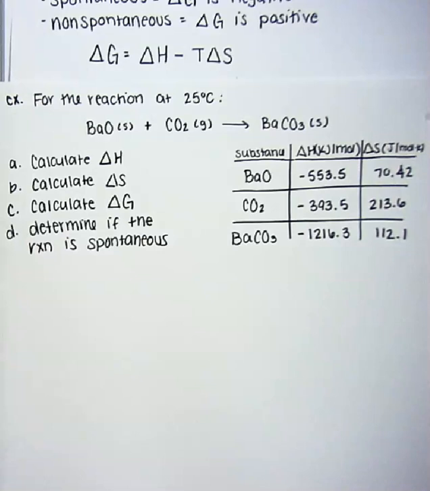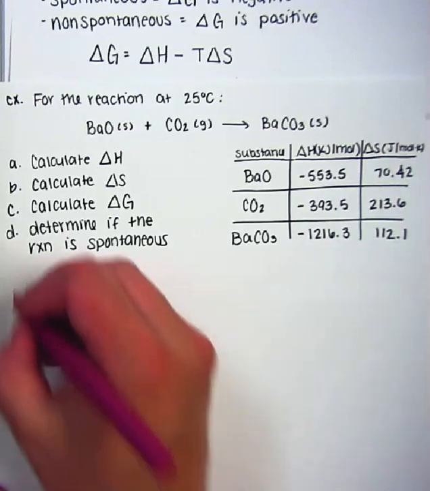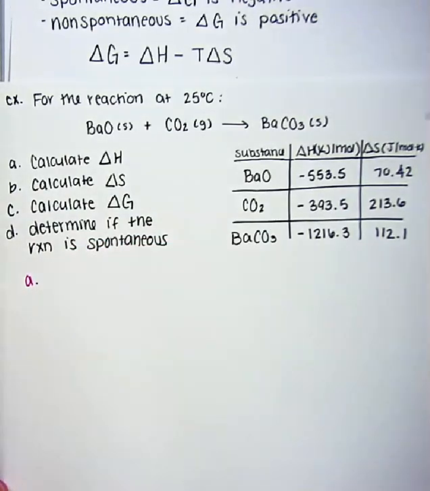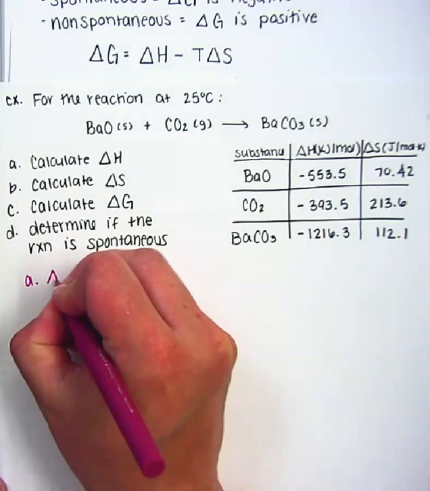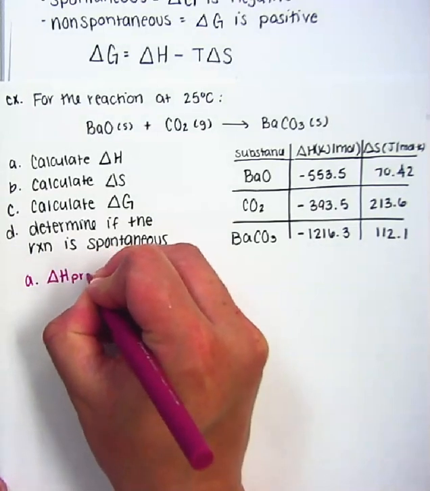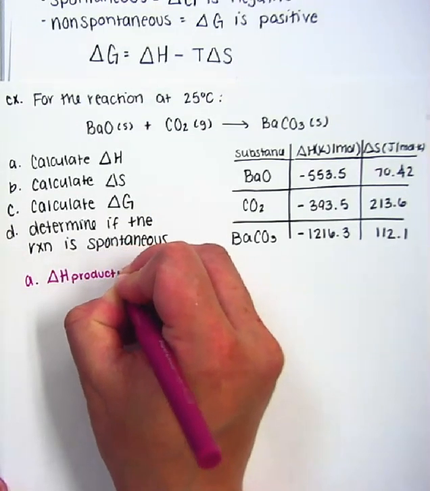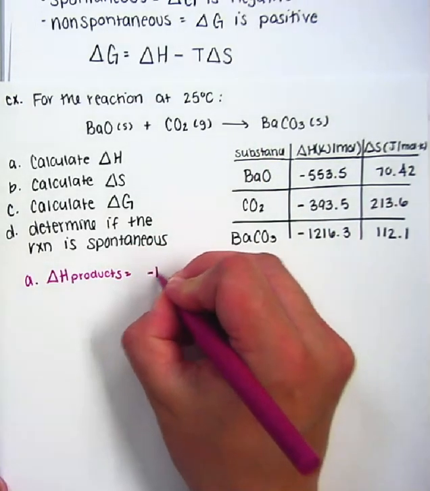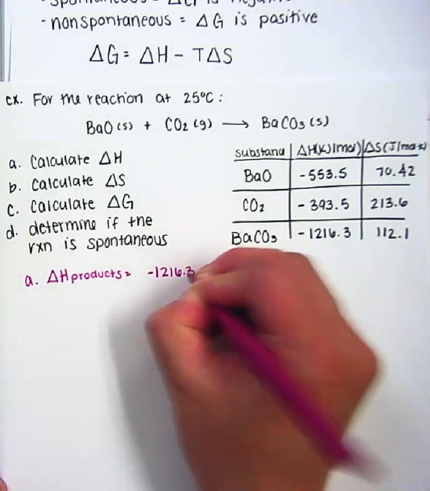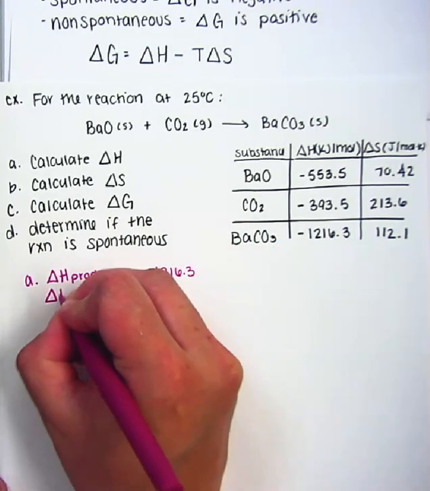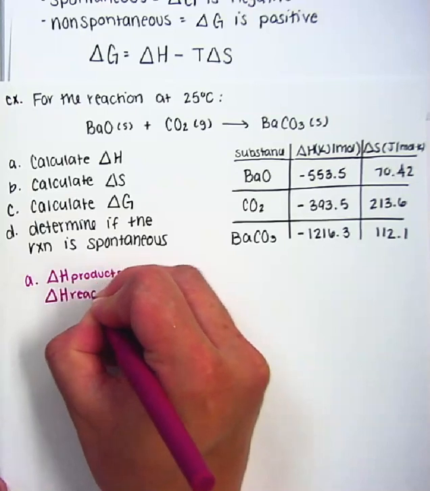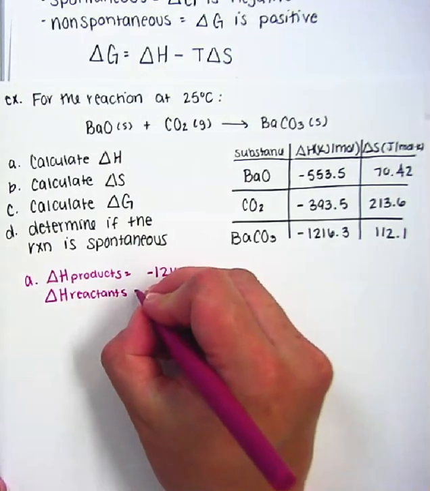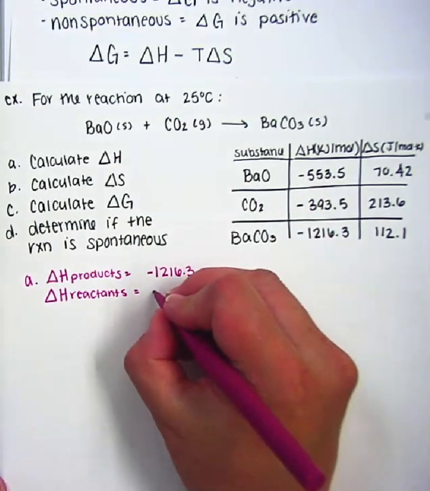All right, you should be able to do A and B by yourself. So A, go ahead and calculate delta H. Delta H of the products, I only have one of them, no coefficient. Delta H of the reactants. Again, all of my coefficients are 1, but I still need to do the sum of my reactants.